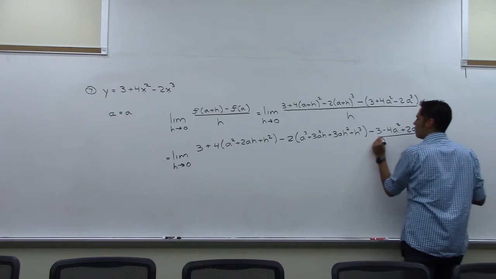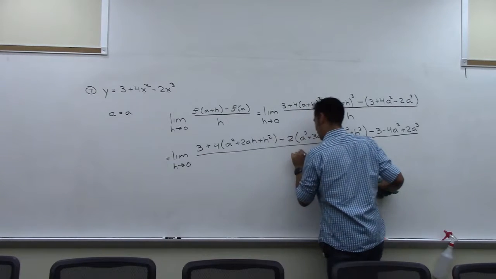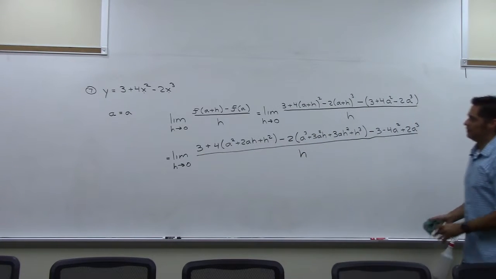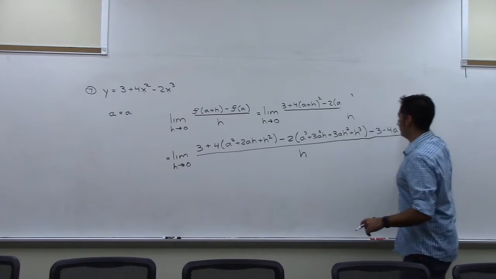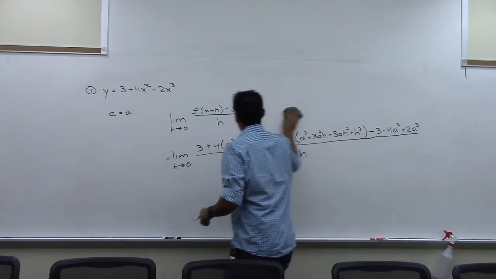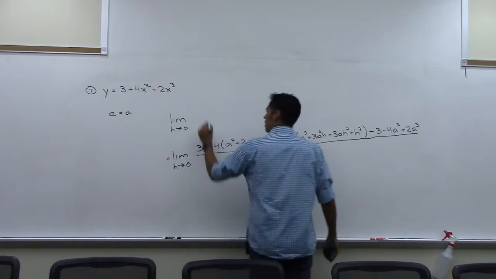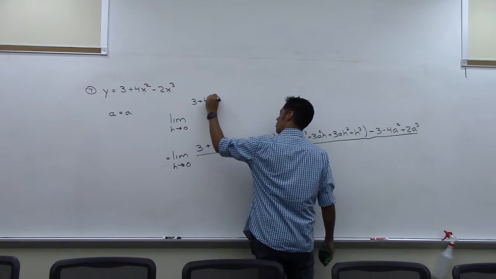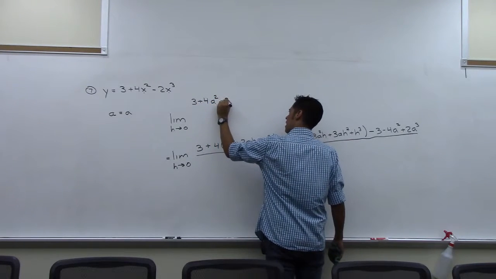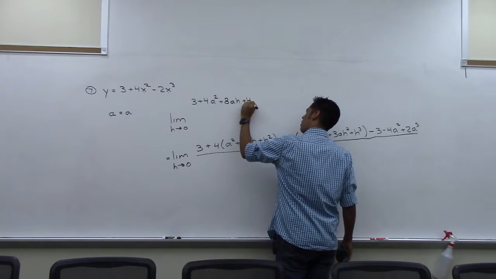All of this over h. That looks pretty ugly. Actually, it's quite beautiful. All right, keep it going. Limit h goes to 0. All right, 3 plus 4a squared plus 8ah plus 4h squared.